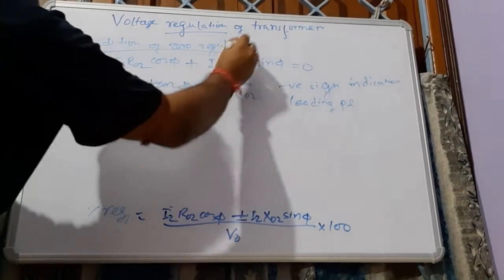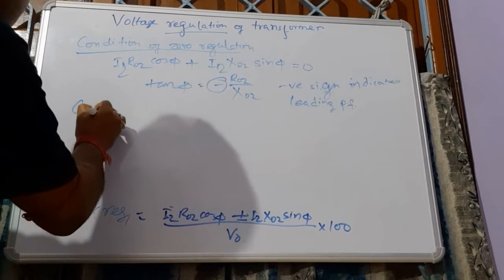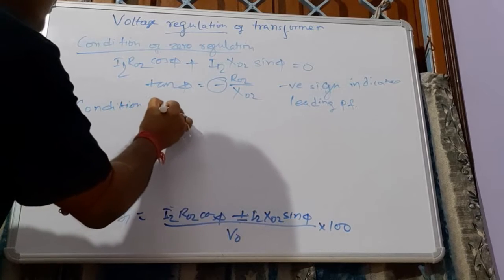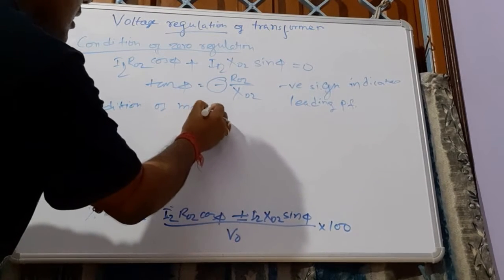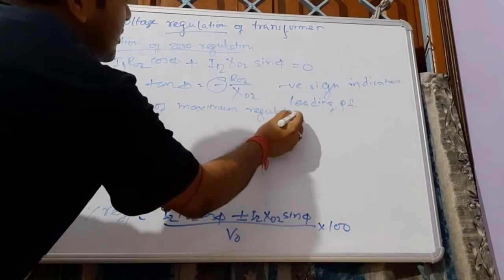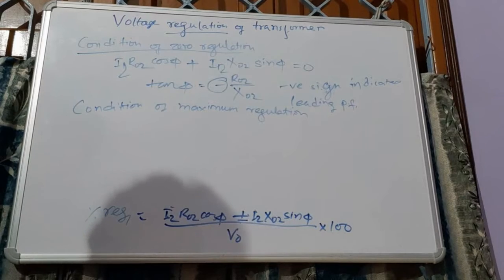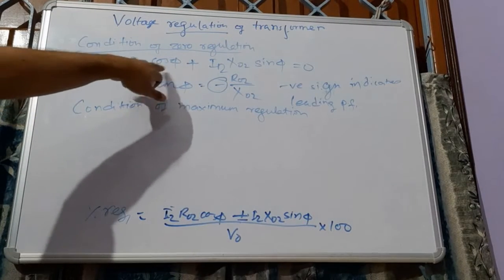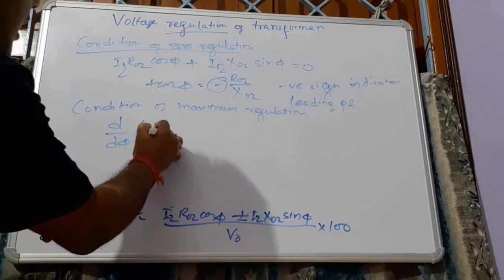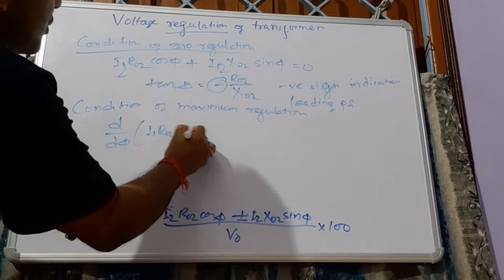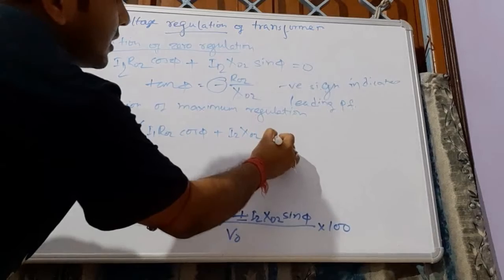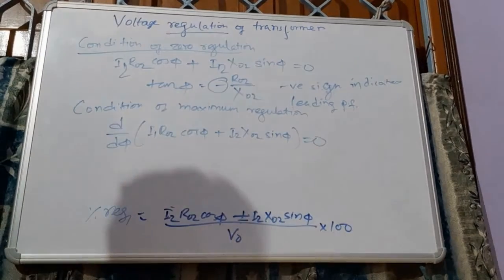Okay, now the condition of maximum regulation. So what will be the condition? The derivative of this term should be 0. So d by d phi of I2 R02 cos phi plus I2 X02 sin phi equals to 0, right?